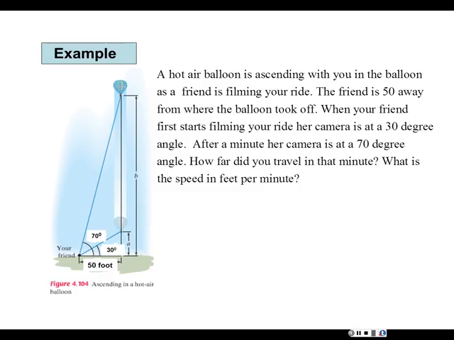Now what is the speed per minute? Again, the same thing, because the speed per minute is basically how far you travel per minute, that is basically your speed. So that will be the same answer. In 1 minute you travel b minus a, and that is going to be your speed.